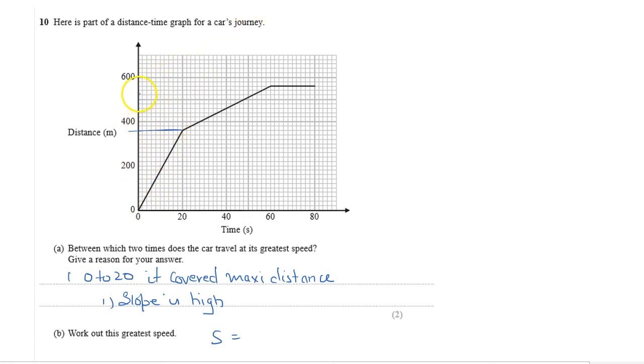This is 300, 1, 2, 3, 4, 5. So it is 2. This is 380, 360. So that is 360 divided by 20. So 360 divided by 20 is 18 meter per second.